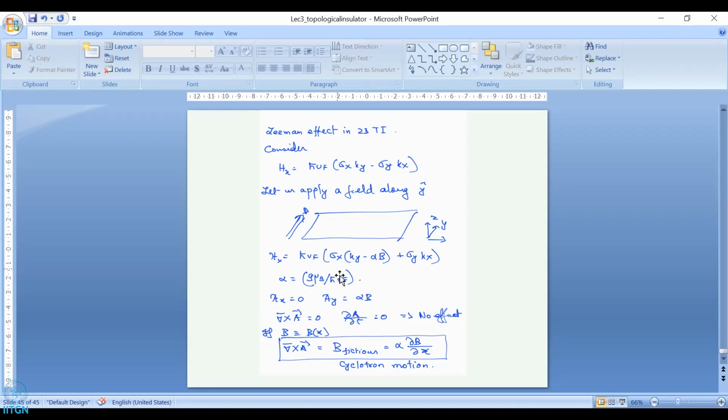Now imagine that you apply a field which depends on position, so that it has a non-zero curl. Because this is like a gauge potential, if this B depends on Y, then it's like applying a gauge potential which has a finite curl.